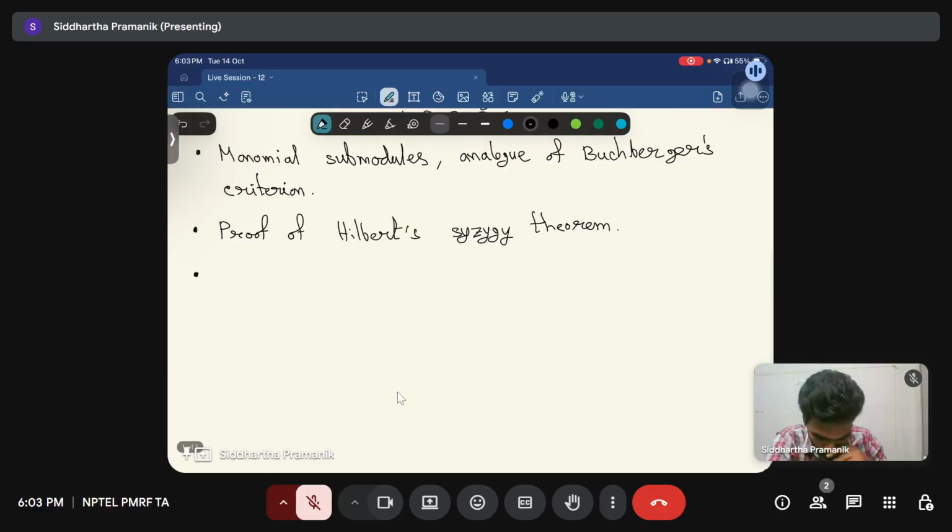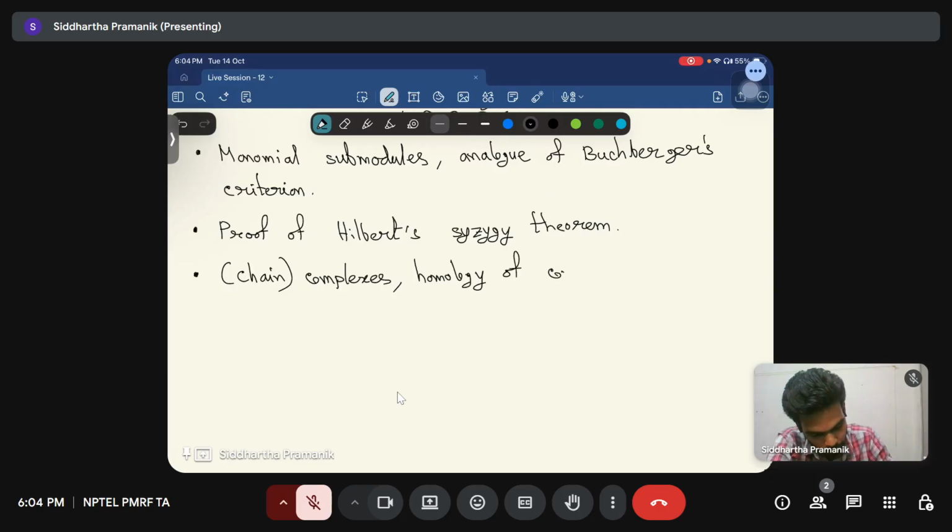So again, we came back to complexes, or basically these are chain complexes. We have defined complexes and homology of complexes, and also homomorphisms of complexes, or maps of complexes.